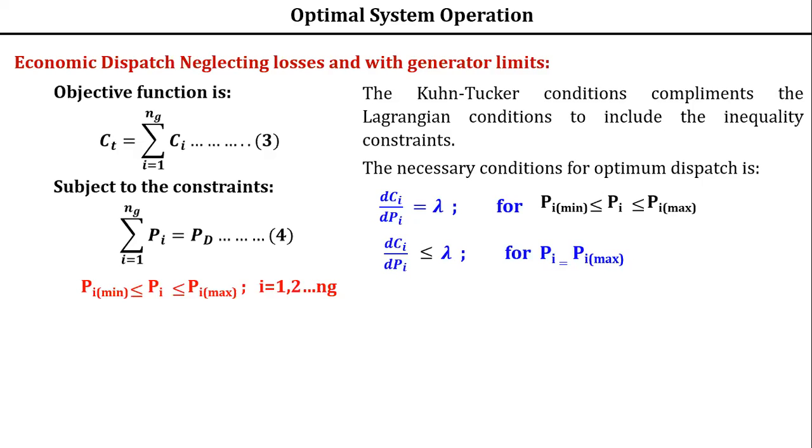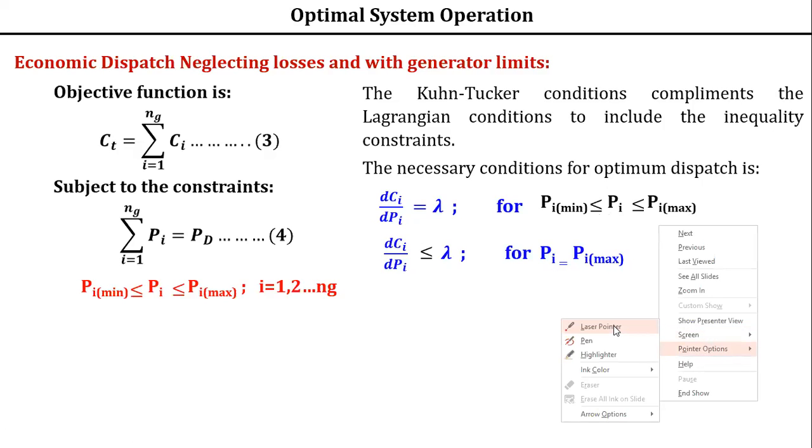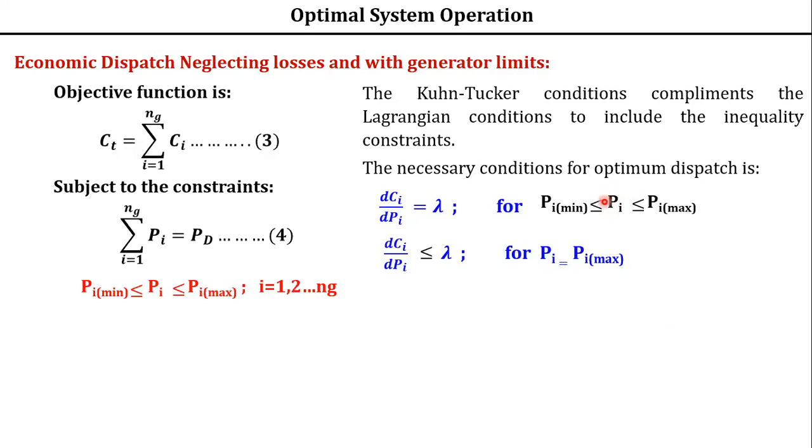Fine. The other condition for optimal dispatch, take a pointer, is whenever the real power generation violates the minimum limit. Suppose the minimum generation at the ith unit is 40 megawatts, but the actual generation at the ith generator is 30 megawatts.